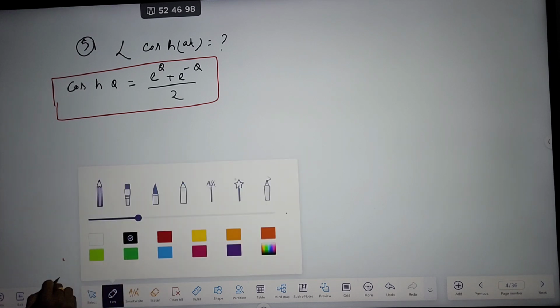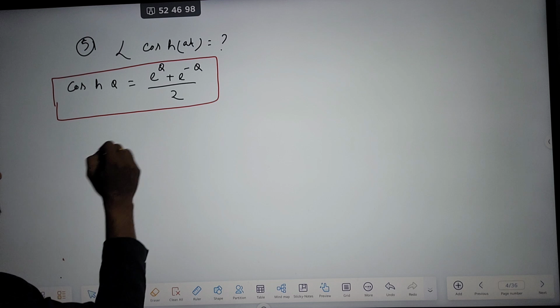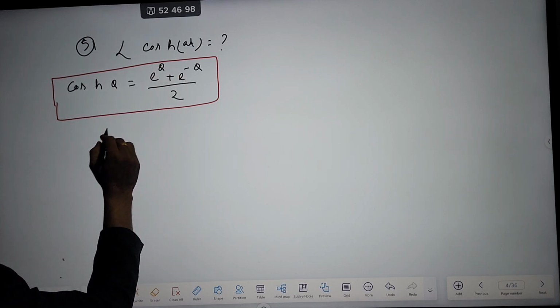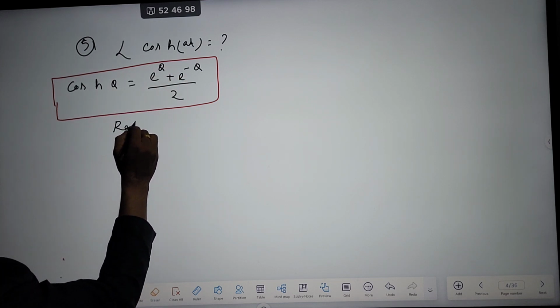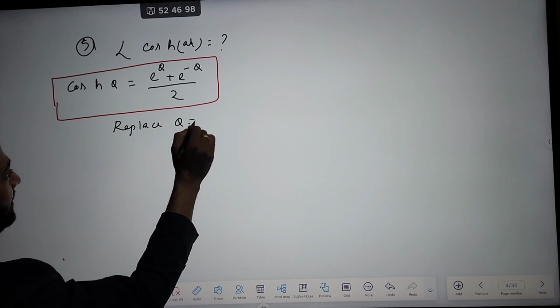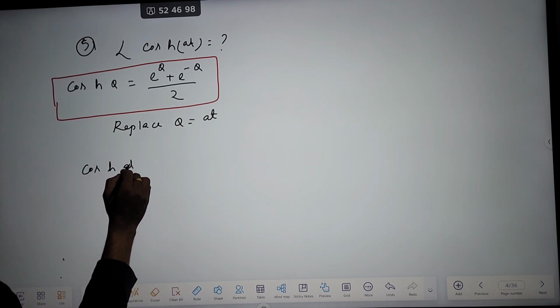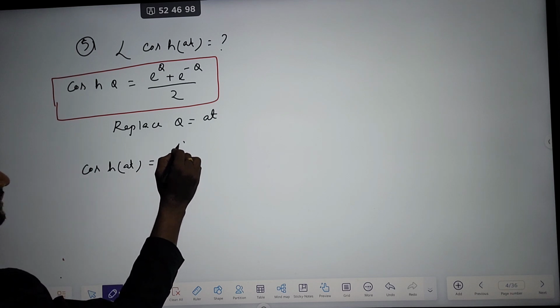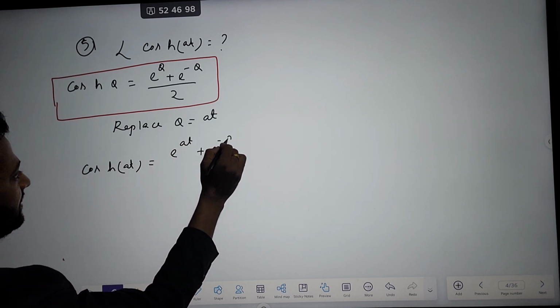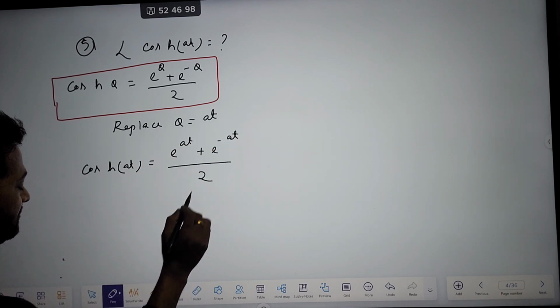Okay. So now you do one thing, replace theta is equal to at. So it will be cos h at is equal to e to the power at plus e to the power minus at by 2.